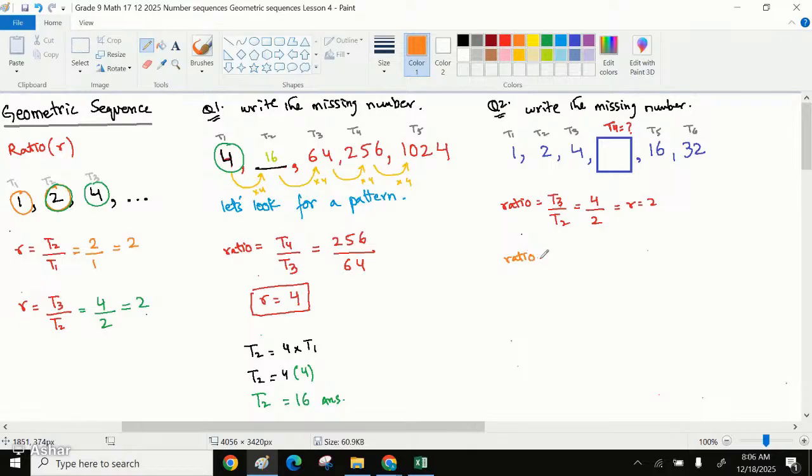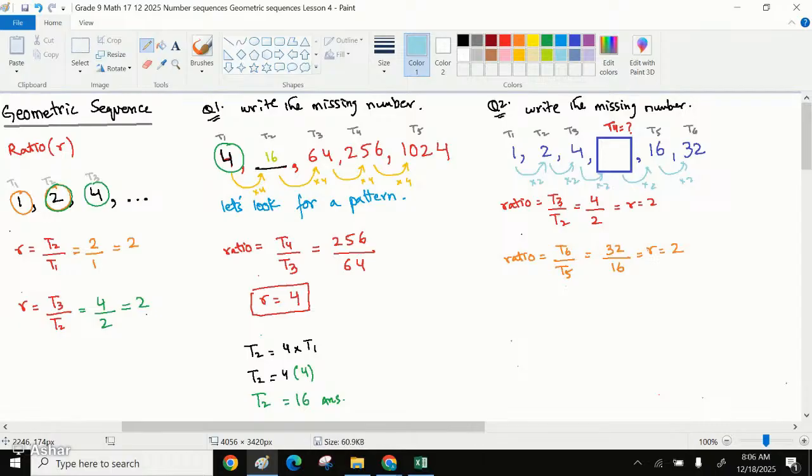If we want to confirm, can we say term number 6 is divided by term number 5, 32 divided by 16, and again the ratio comes out to be 2. So we can see the pattern that the next term is twice the previous term. That means multiply by 2 every time.